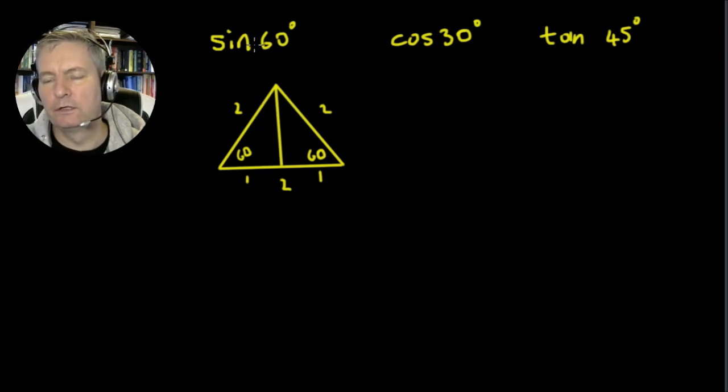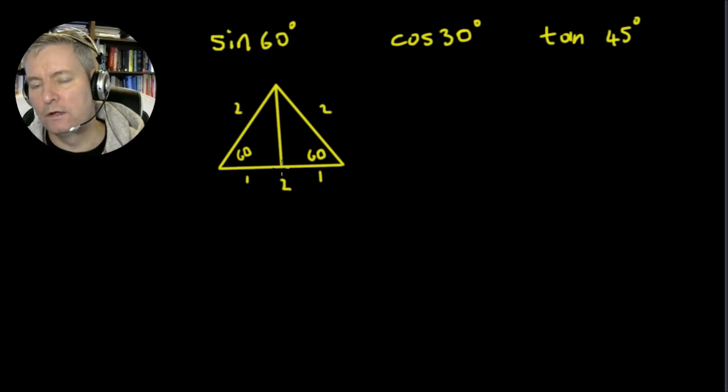So now we can look at the sine. So the sine is going to be the opposite over the hypotenuse, or if you like you can say the y upon the r. So what is this length here? Well, that length is going to be, by Pythagoras, 2 squared, which is 4, minus the 1, which is going to be 3, and it's going to be the square root of it, so that's going to be root 3.